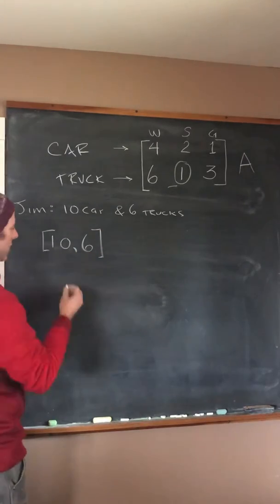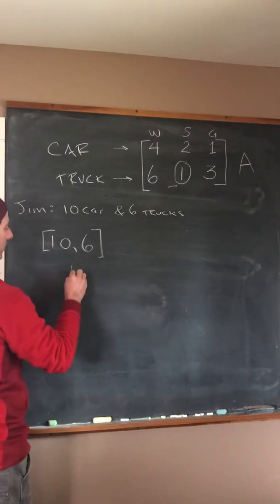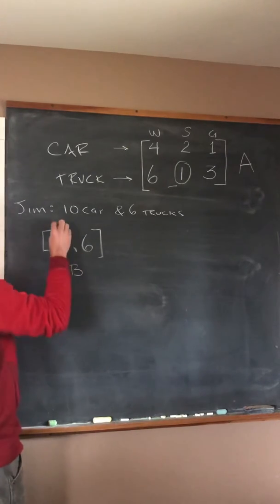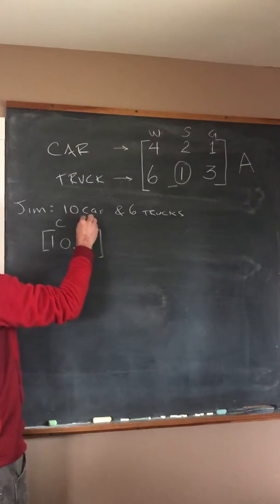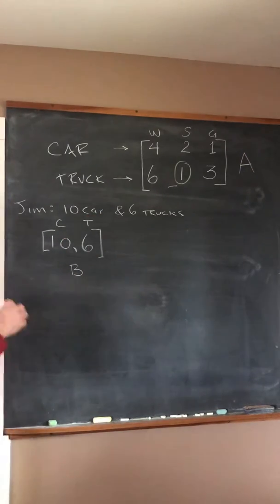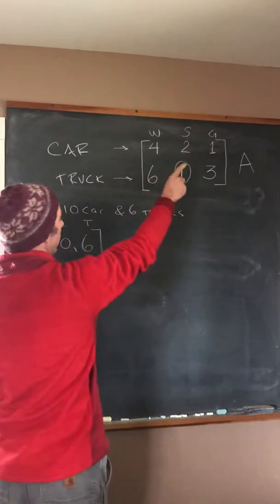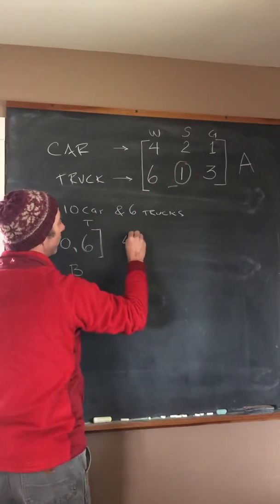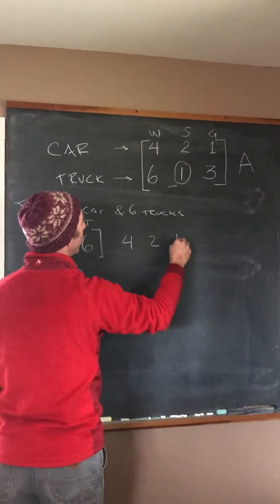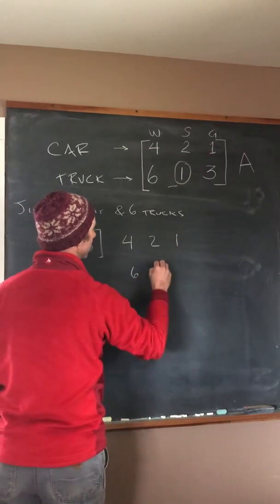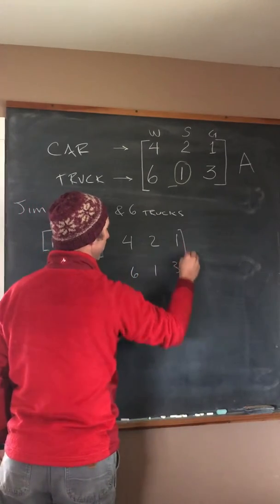We'll call this one B. Remember, this is cars and this is trucks. I'm going to take this matrix and multiply it by the one up here: 4, 2, 1, 6, 1, 3.